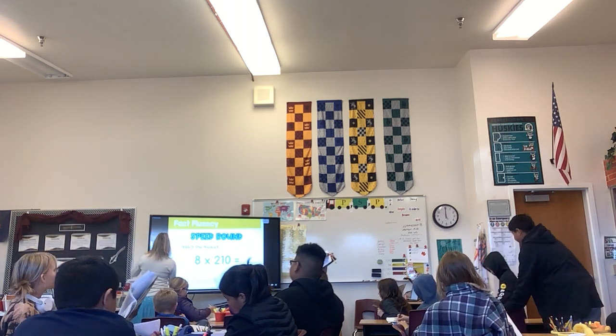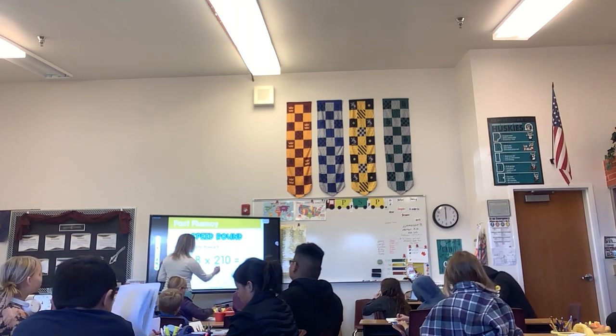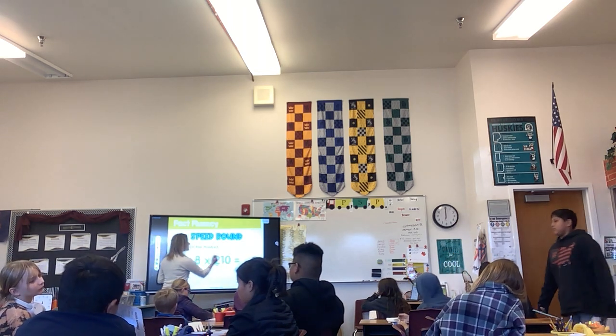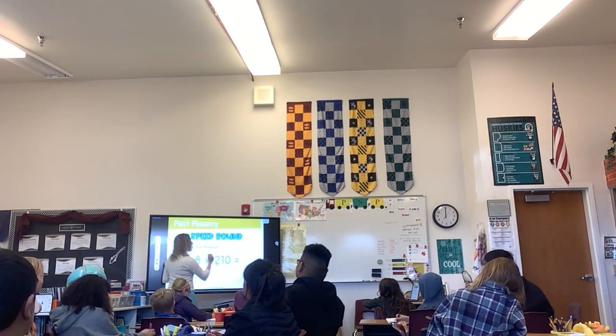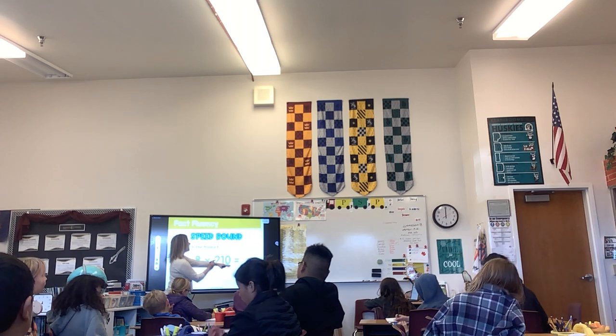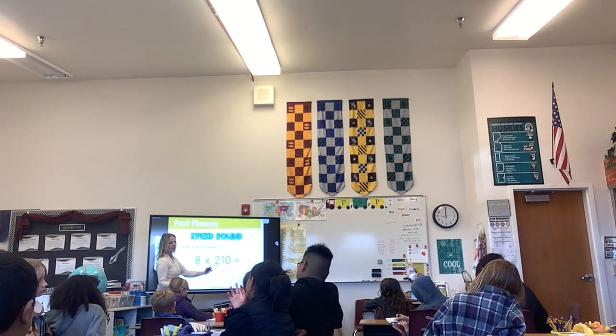Remember, you're estimating, so you don't want it exactly. Okay, let me show you. Let's look at 8 times 2. What if we, 210 is close to which number? Serena? 600? I know, I said don't solve it. Look at 10. Can we get rid of the 10 and just make it 200?